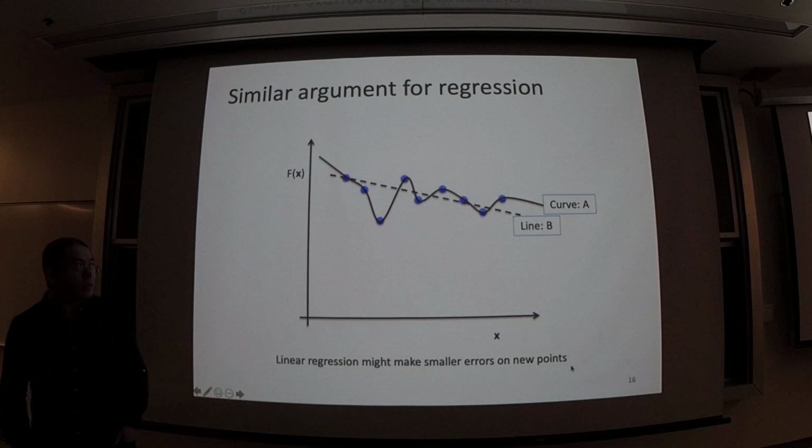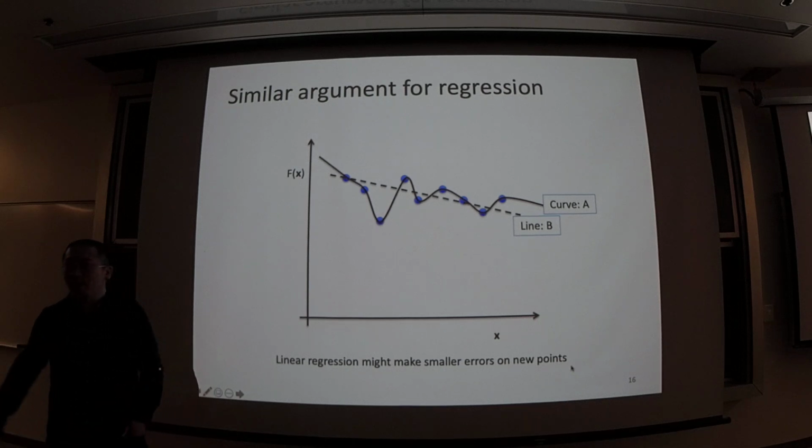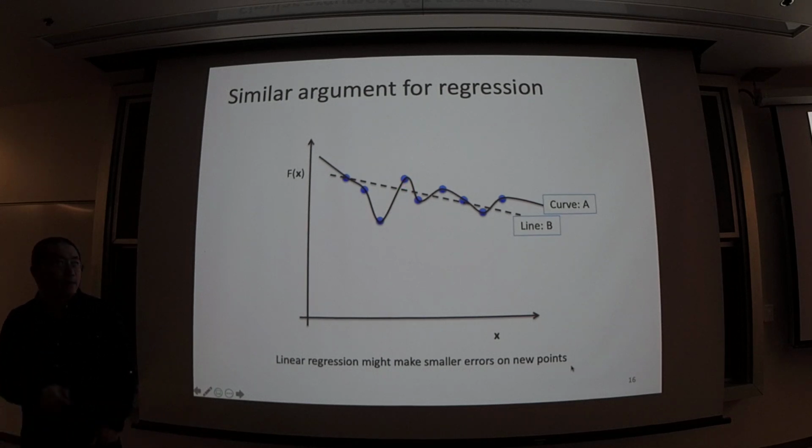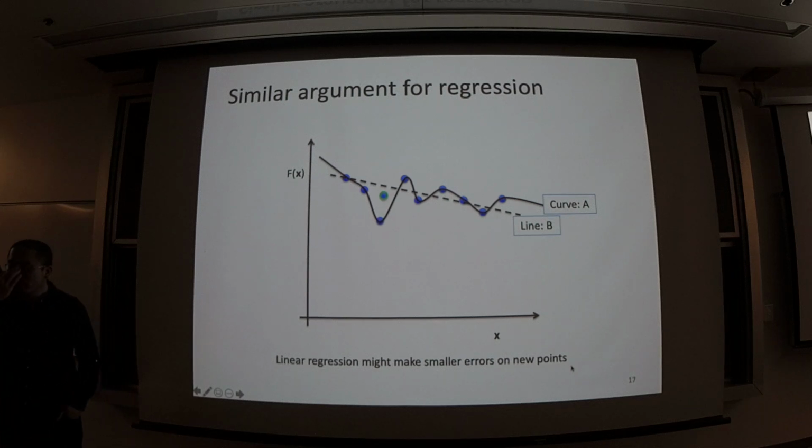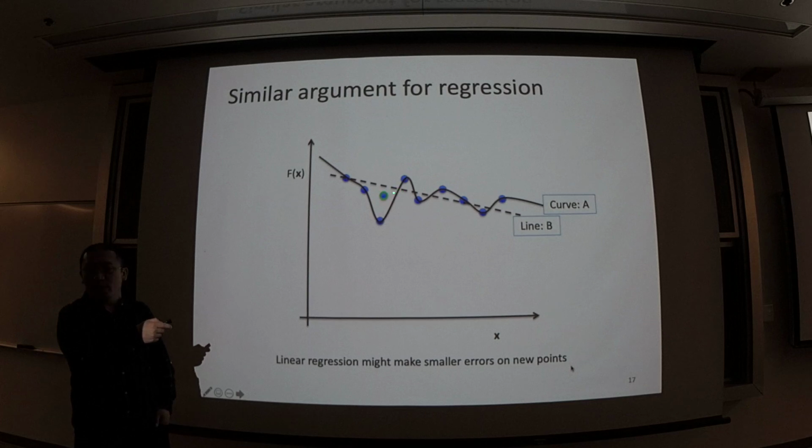But the benefit is that when those examples are corrupted by noises, say these points might be just noises, they are supposed to be here and here, but due to some noises, one was stretched here, and one was pulled up here.